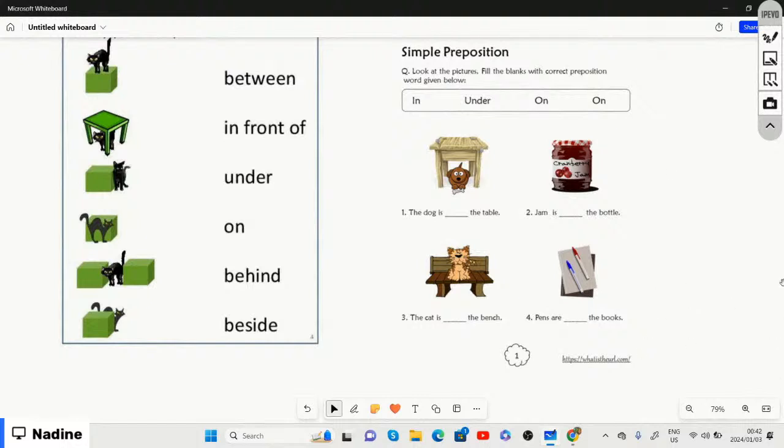All right, so if we look at the first picture, that is where the doggy is. Do we say that the dog is in the table, under the table, or on the table? So we need to say where the dog is.